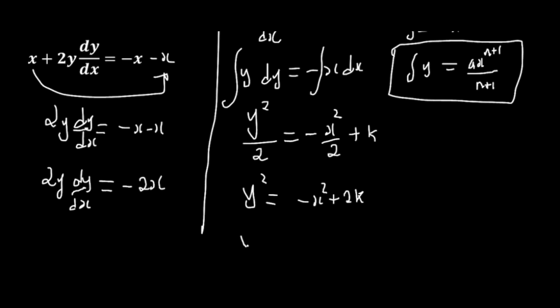Now taking the square root on both sides, we're going to have y equal to the square root of minus x squared plus 2k. We can call it k since k is a constant and 2 is a constant. So a product of two constants will simply give us a constant. So here we can simply say k.